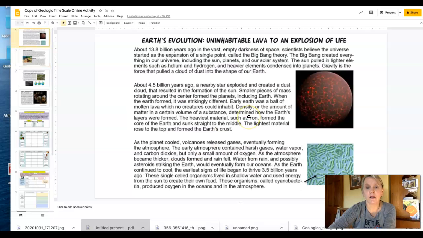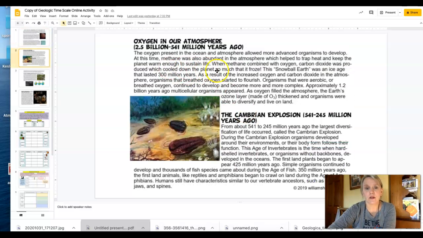As we move on, lots of other things changed. We had a couple ice ages, and then we talked specifically about, when I say moment, I mean a period of millions of years, 541 million years ago, that we refer to as the Cambrian explosion.